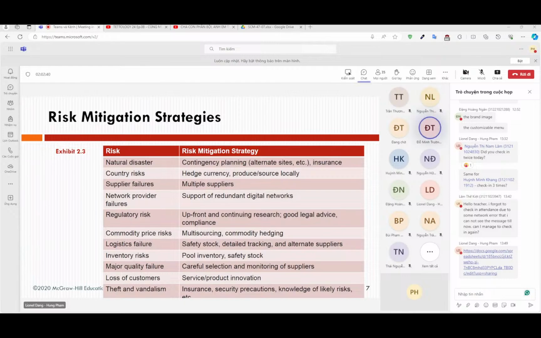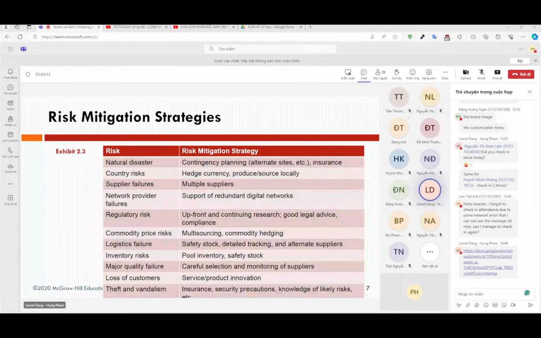For example, the natural disaster causes widespread damage and disruption. So we have the strategy to have the contingency plan in place. This could include alternate sites for the operation, diversifying the supplier base and carrying insurance.